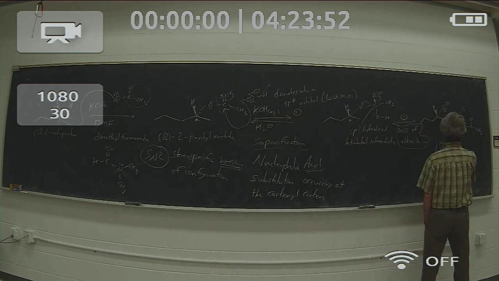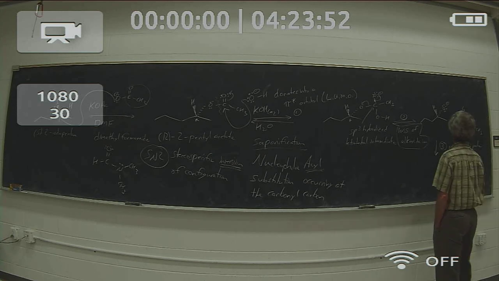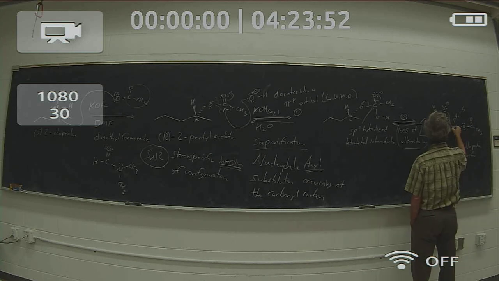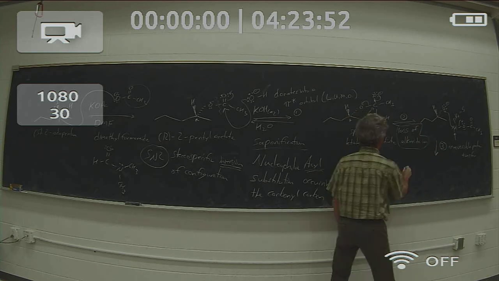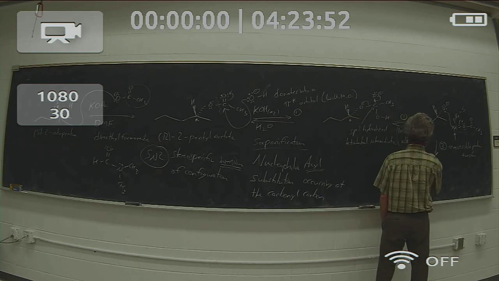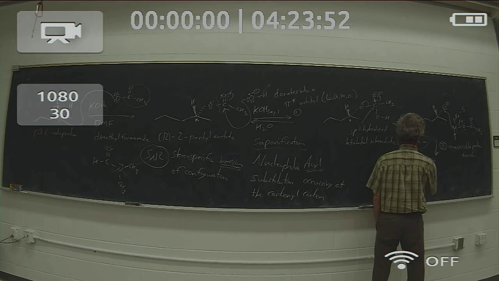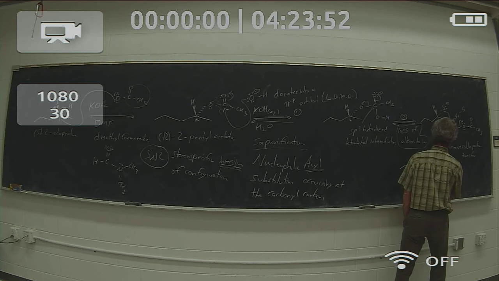So step 3 is irreversible, where the alkoxide ion removes the carboxylic acid hydrogen to form the alcohol and generate the acetate ion.